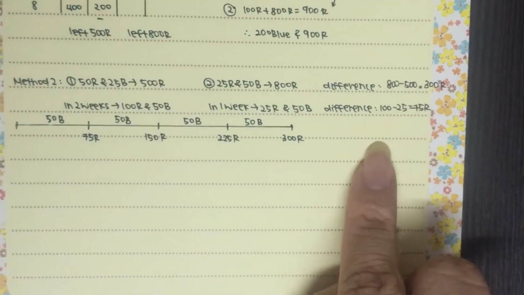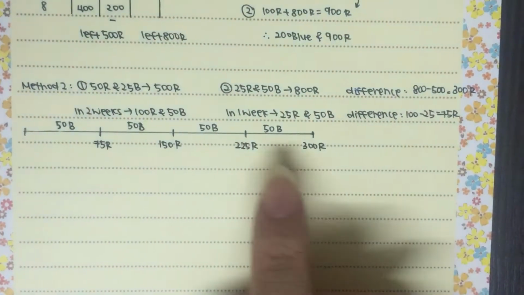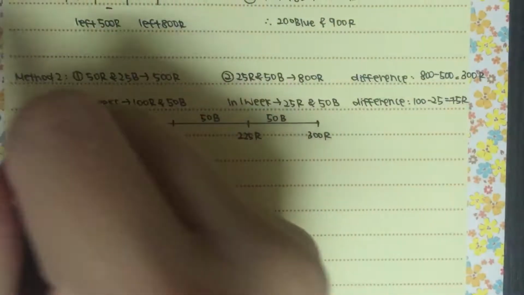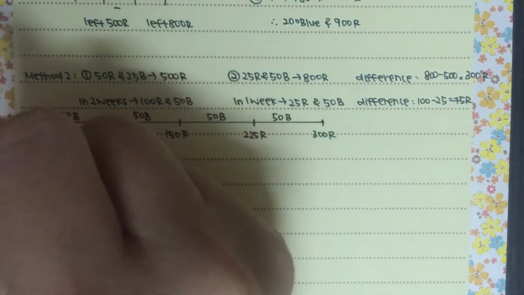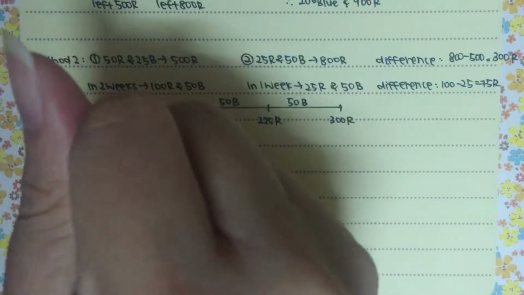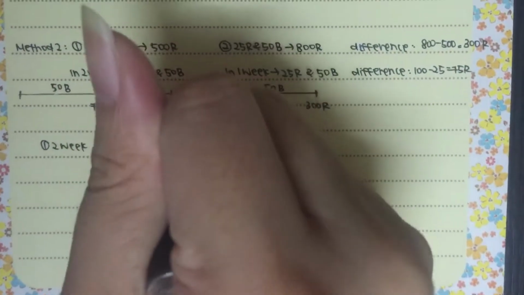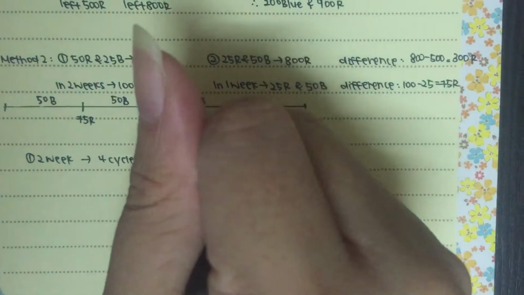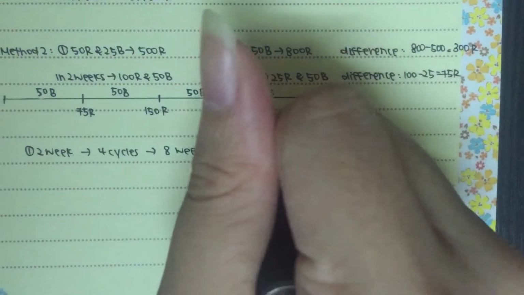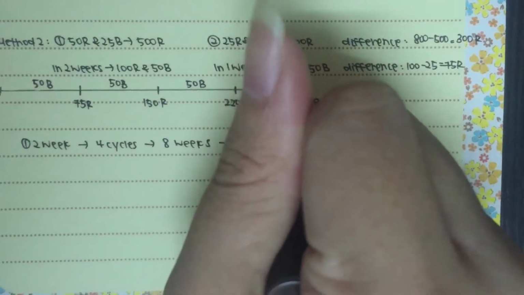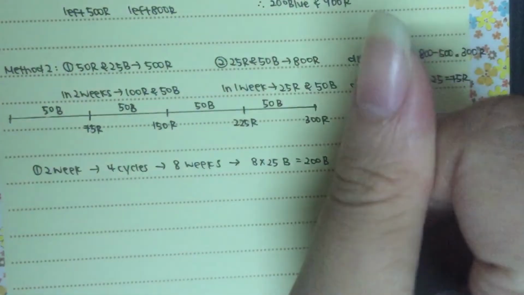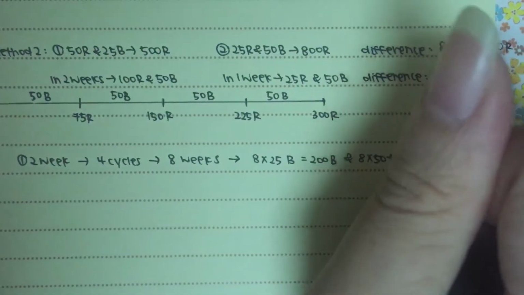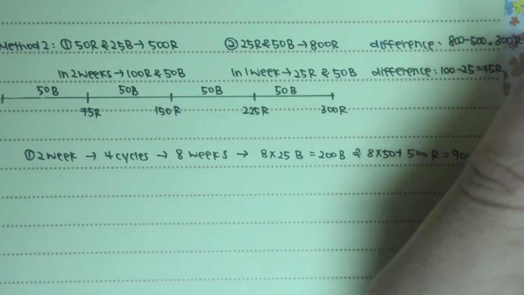So you take 4 cycles to accumulate enough red marbles to form the difference. Therefore, we can conclude that in the first method, you will take 2 weeks per cycle and you will take 4 cycles. Therefore, you will need to have 8 weeks because the 2 weeks repeat 4 times. Then you will be able to calculate that it is 8 times 25 blue, which is 200 blue, and 8 times 50 plus 500 red, which gives you 900 red.